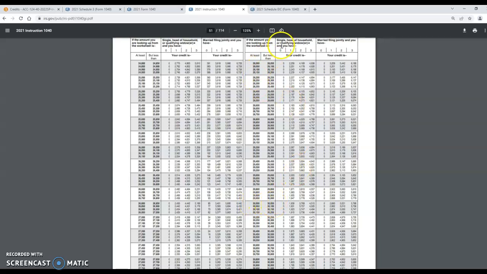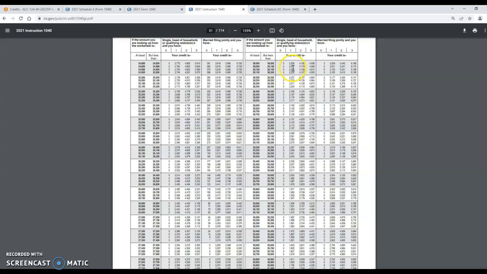Now, notice at the top, we've got it divided between the filing status, single, head of household, qualifying widower, or married filing joint. And then it's further divided by how many kids. You have no kids, 1 kid, 2 kids, or 3 qualifying children. So he has 1. He's a head of household, and he has 1 qualifying child, which is Johnny.